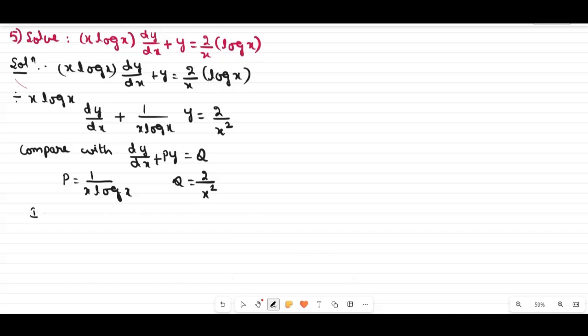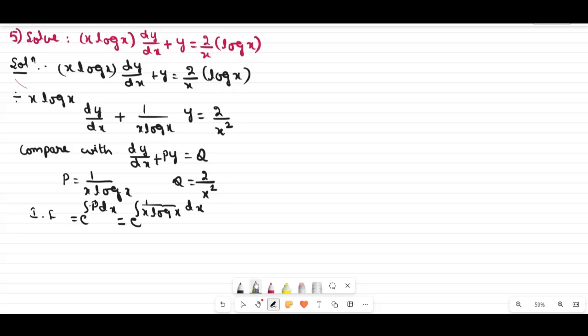So now let me find out the integrating factor, that is equal to e power integral of p with respect to x. So e power integral of p, which is 1 by x log x, into dx. Actually, we should integrate this 1 by x log x. How will you integrate?